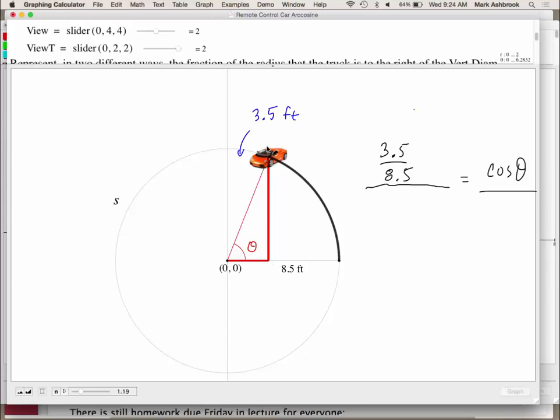So we've got to figure out what that is. So I'm just going to call this, let's just call this x feet, okay? X feet and y feet. So it's something new now.